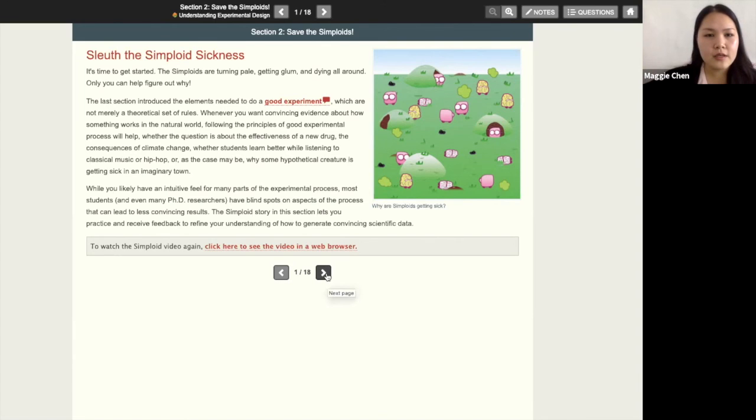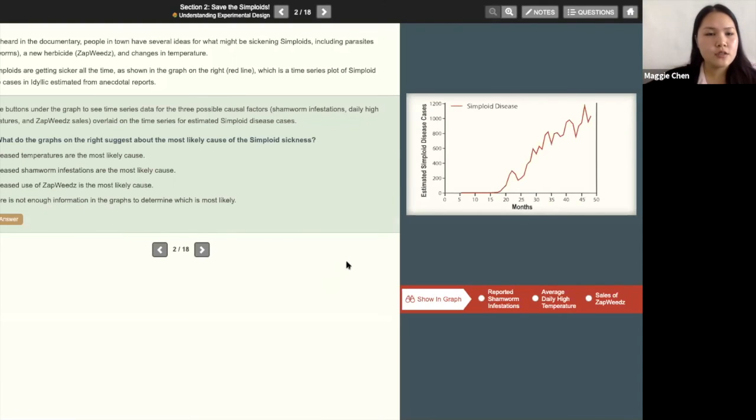So if we go to slide 2, again, you're going to have questions to answer, and you can check your answers against your graphs, comparing the symploid disease versus different variables like different worm infestations versus temperatures, or zapweeds, which is the herbicide, as just a little background before you start setting your hypothesis.